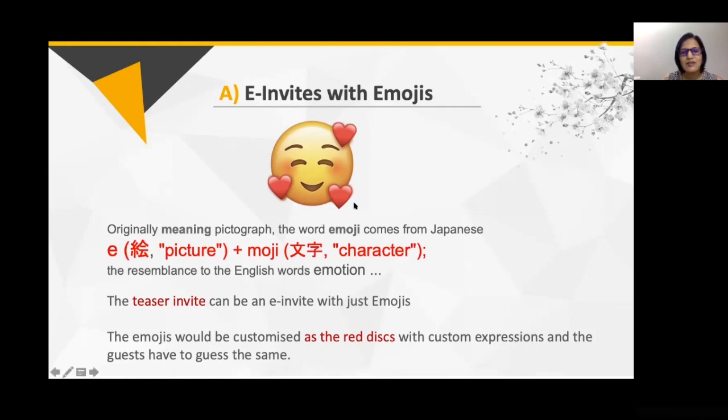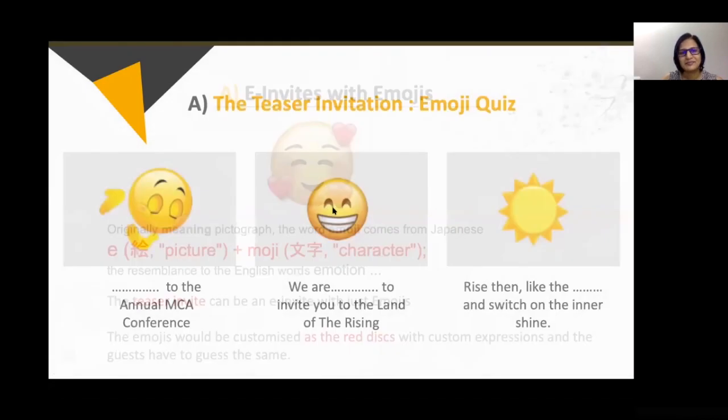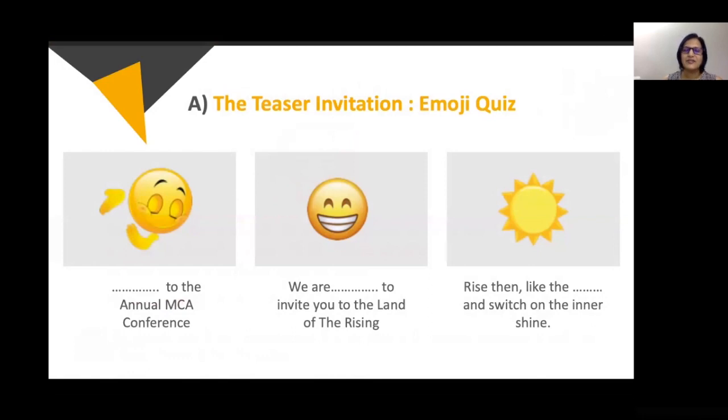So we suggested that we will have e-invites with emojis, but the emojis will be customized as red discs. If you remember the red disc of the flag, we had suggested it as a creative visual communication, so they would use that in the emojis. And the creative invitation would be something like this.